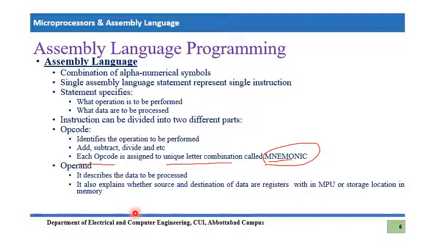The opcode just tells you that it is an addition instruction or a memory transfer instruction, but the operand part tells you the source and the destination of the data. These two parts combined make any instruction, which is why they are such integral components, and we're going to see them by example as well.